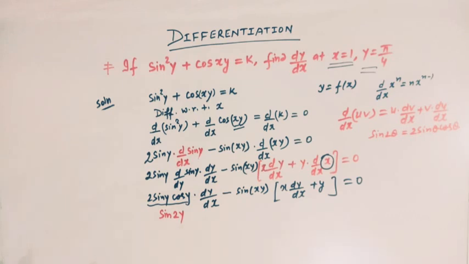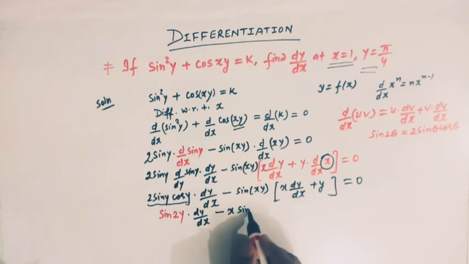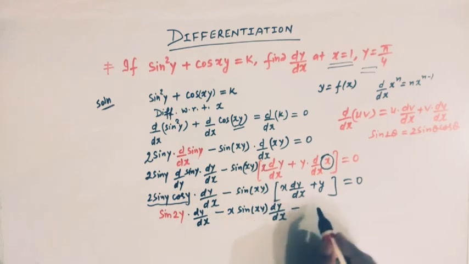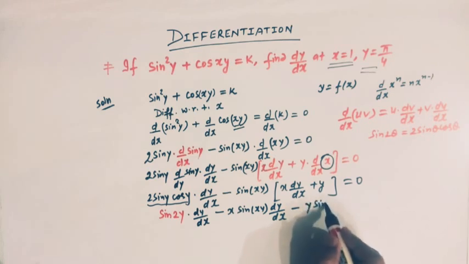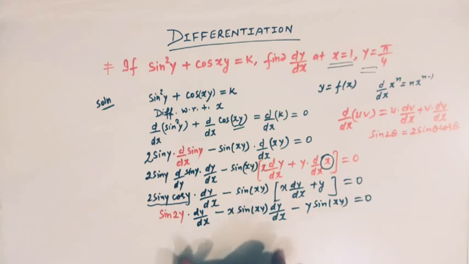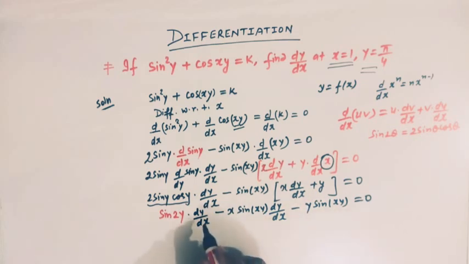Okay, so we have sin 2y here, then dy over dx, and minus x sin xy, and dy over dx, and minus y sin xy, right? Okay, now we'll rearrange this expression by taking this dy over dx as common in these two terms.